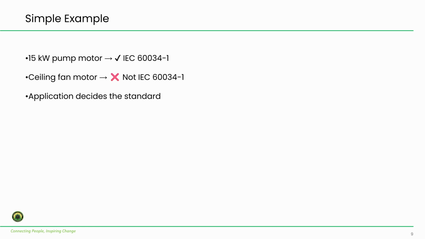Let us understand with a simple example: a 15 kilowatt pump motor of 415 volt is covered by IEC 60034-1, but a ceiling fan motor used in household appliances is not covered by this standard. So application decides which standard applies.